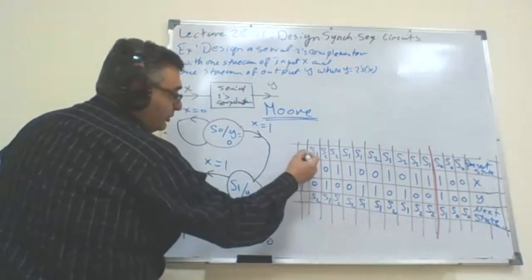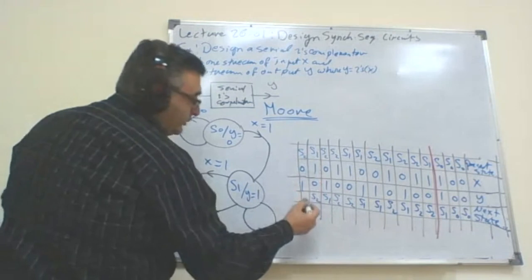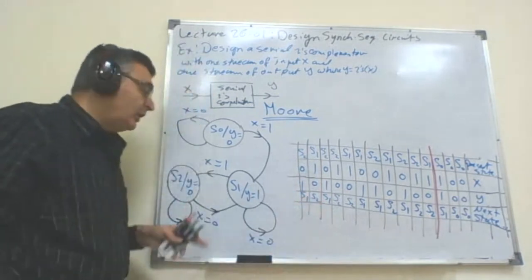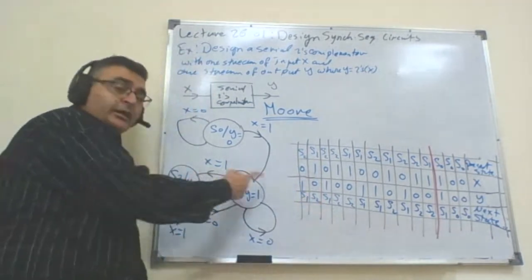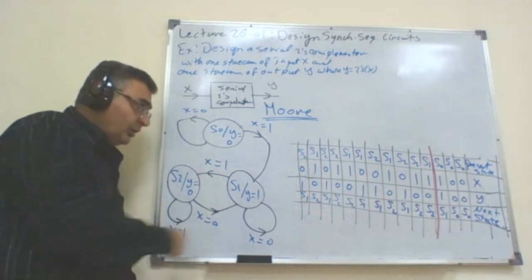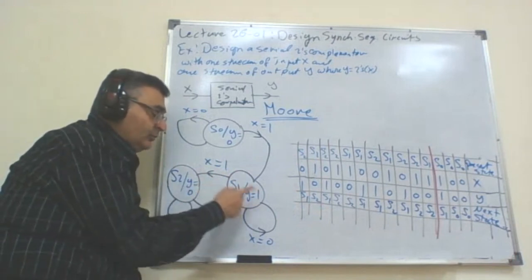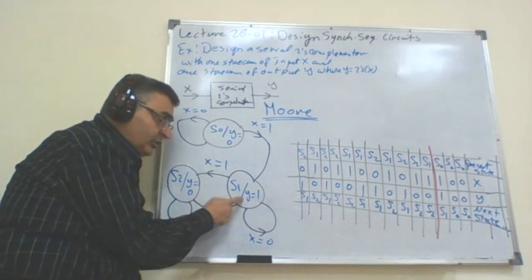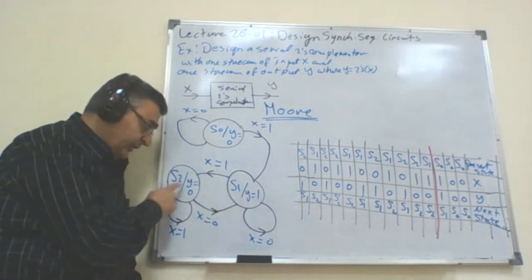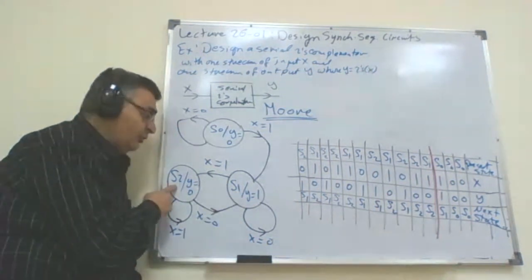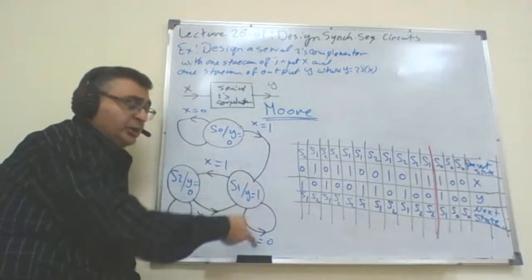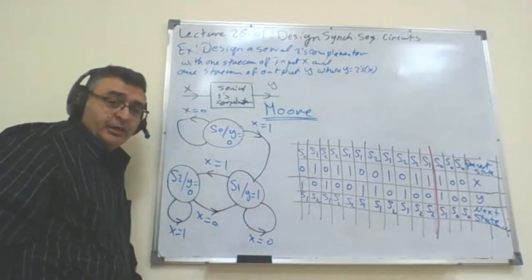S2 with 0, go back to S1. So I keep ping-ponging, flipping between S1 and S2. This is the state where x is 0, y is 1. There is the state where x is 1, y is 0, and those two arrows are switching me between the two states.